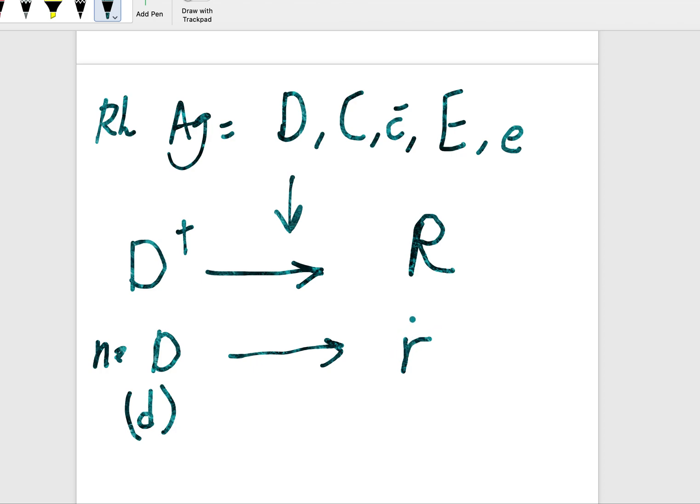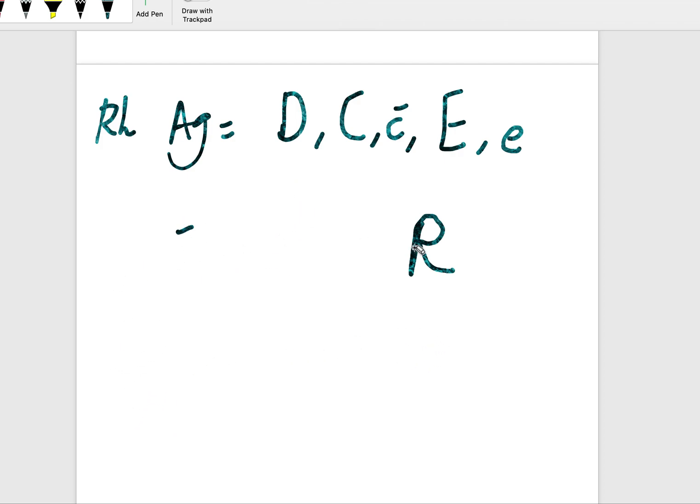I will explain it clearly and you don't need to go to another video to understand it, so just bear with me. So this is the first step you have to know: if it is D positive, R capital. If it's D negative, we don't have D antigen, which is R small. So this is for the first one.